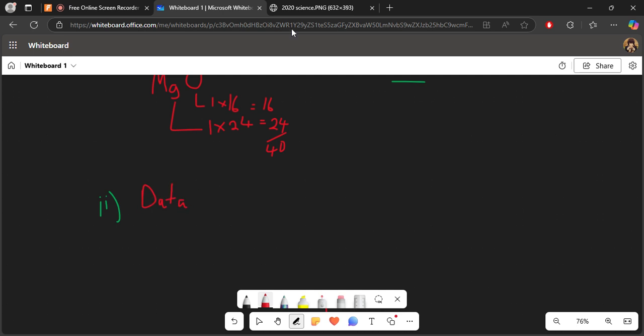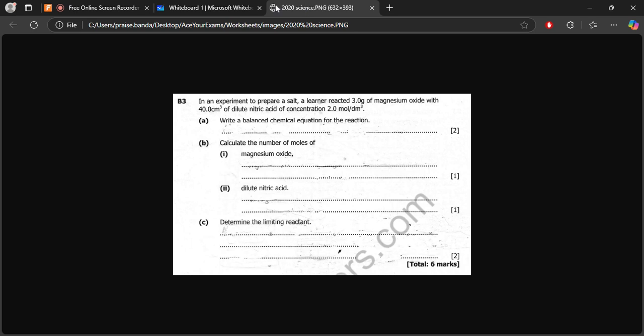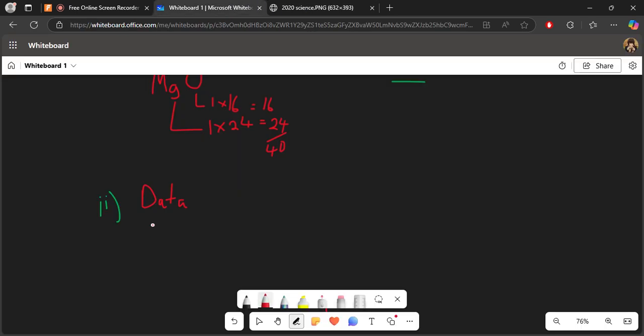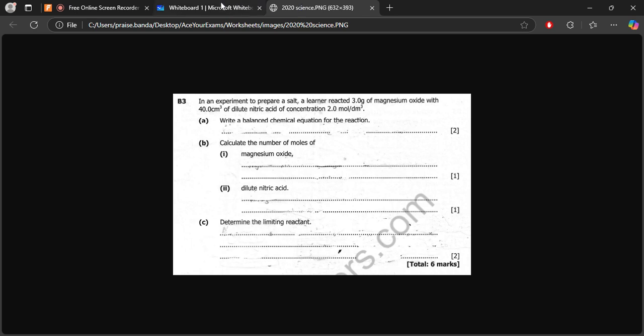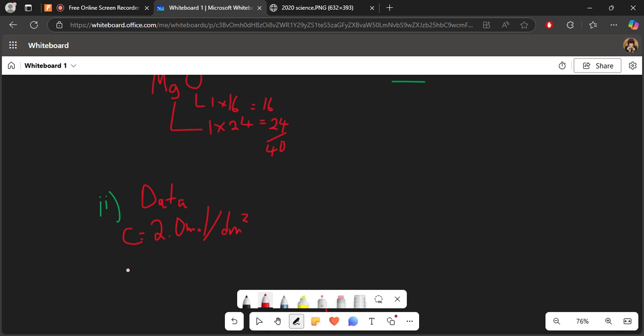Well, we do know that it has a concentration of 2.0 moles per decimeter cubed. That's the concentration, or the molarity if you may. And we have 40.0 centimeters cubed of our dilute nitric acid, which is our volume.